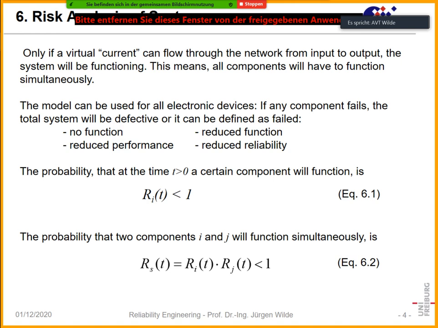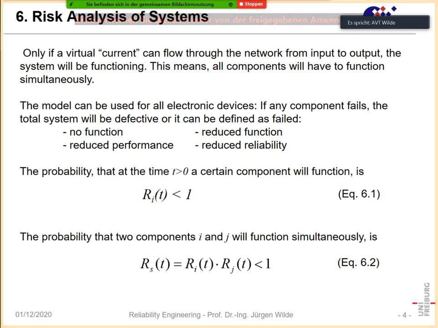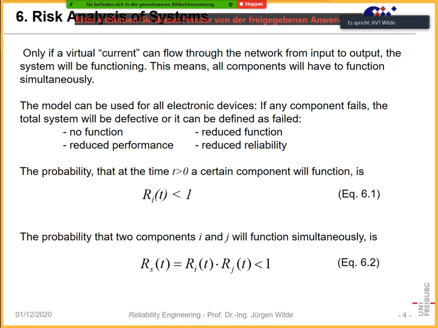And when we have 2 resistors in series, which would be i and j, then we could say the probability of these 2 resistors in series will be the reliability of 1 times the reliability of 2.